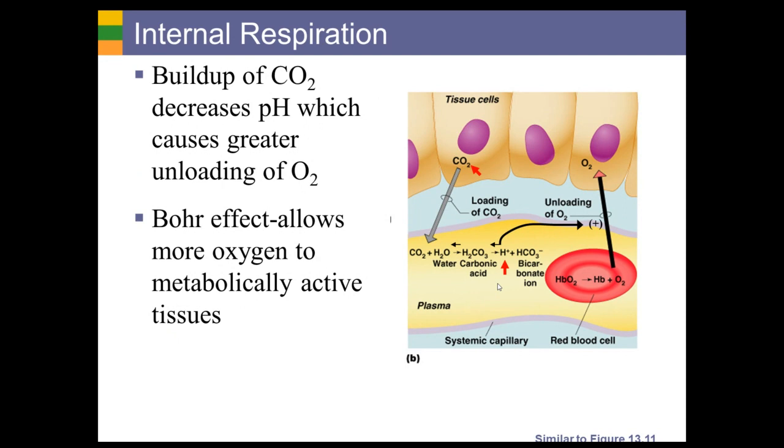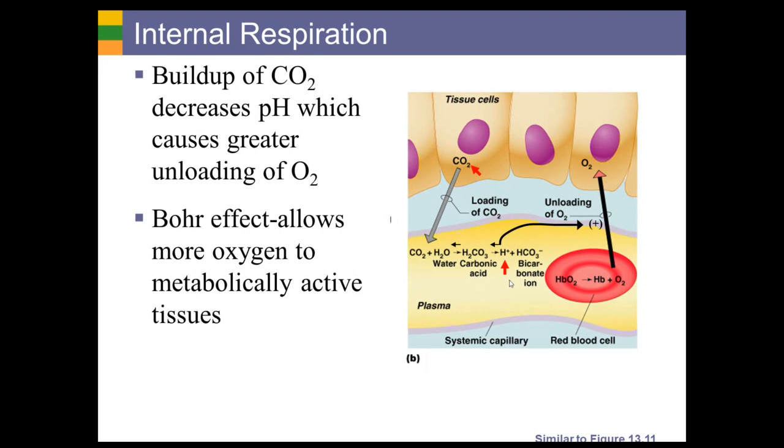So let's say you're exercising and you've got skeletal muscles in your leg that are really active. They're using a lot of oxygen. They're producing a lot of carbon dioxide. That's going to increase the concentration of hydrogen ions in the blood of those capillaries. That's going to decrease the pH.